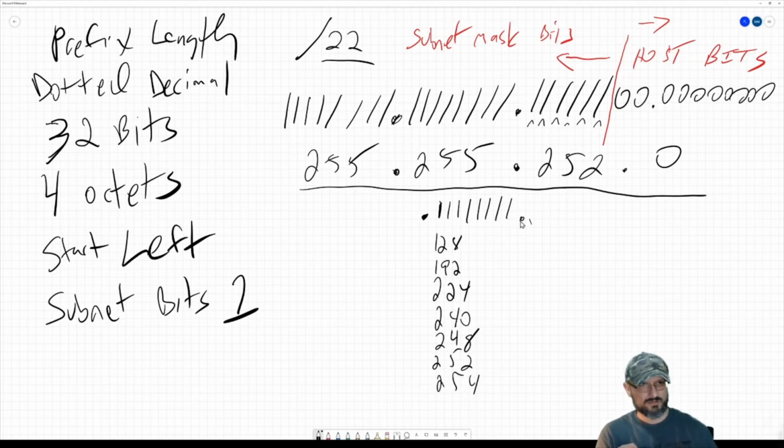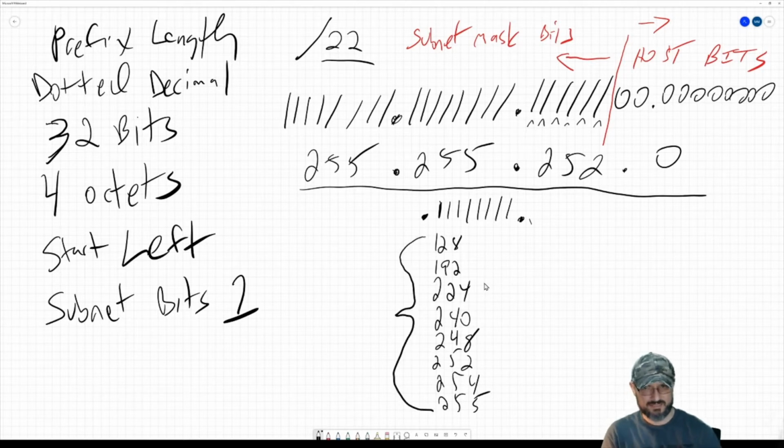Plus 1, and now we've got all 8 of our bits, 255. These values are the only values that a subnet in decimal notation can have as one of the octets.